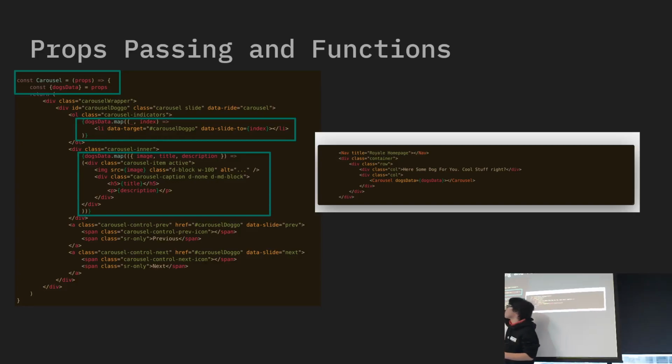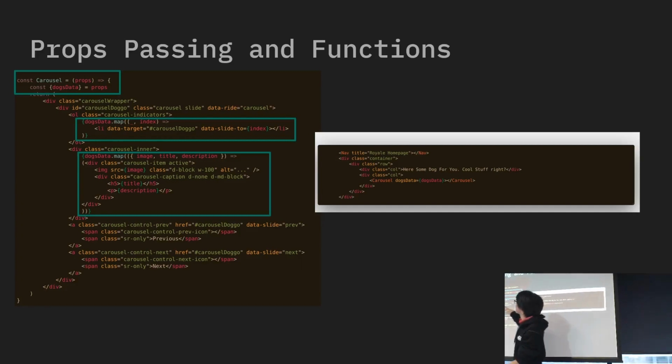We could do what we had previously. We had loops. And then we can also have states and conditional rendering. Thinking about the previous example, the dog carousel, there's always only going to be one dog picture that is active, and active is represented by a class name called active.